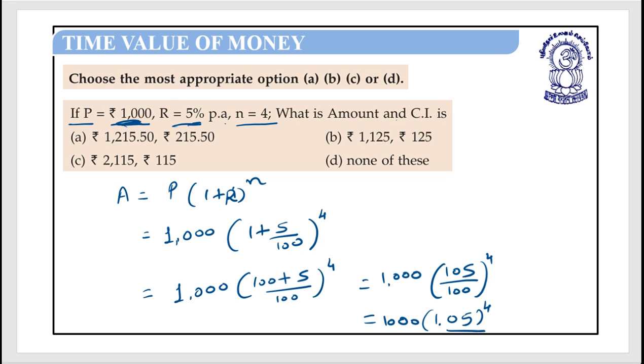Now solve with the calculator. So the answer is 1215.50. So amount is 1215.50 rupees.